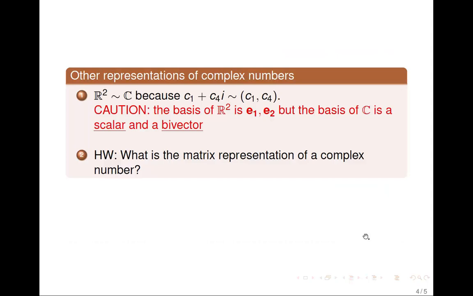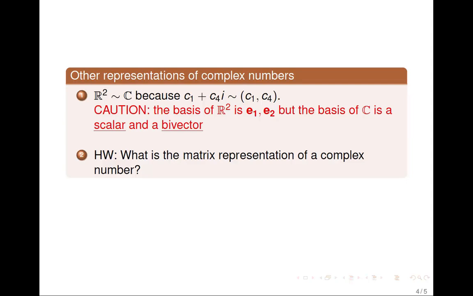Now, what are some of the other representations of complex numbers? Well, one may think about the Euclidean plane, the R square, to be isomorphic to the complex plane because C1 plus C4 iota can be written in terms of an ordered pair C1 comma C4. But one must be very careful here.